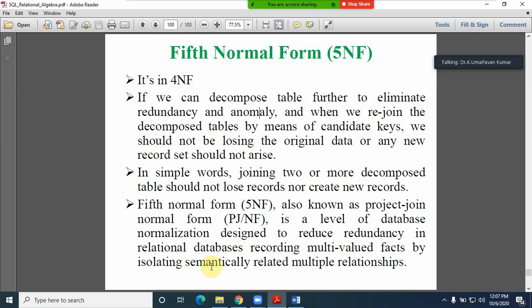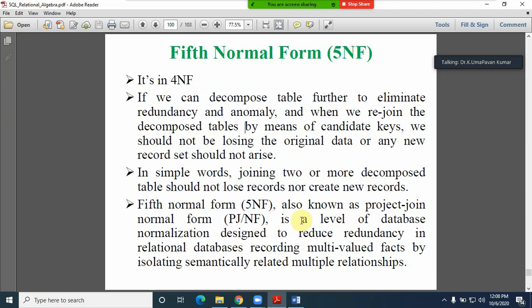So our aim is to reduce the redundancy. We have some relationships within the table, and based on those conventions we should follow the lossless join decomposition.